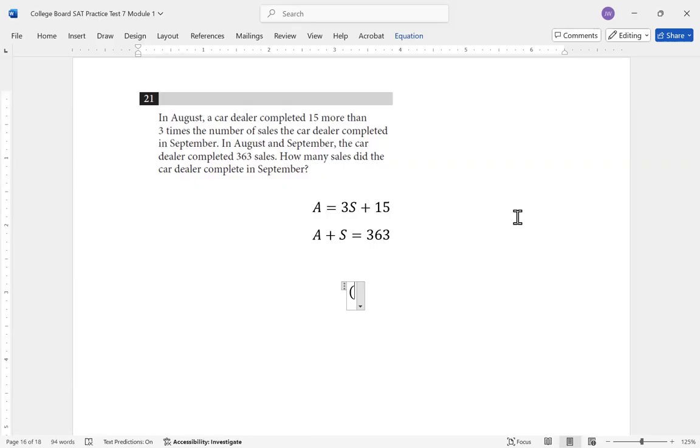For that A in the second equation, I'm going to replace it with 3S plus 15. So I get 3S plus 15 plus S equals 363.